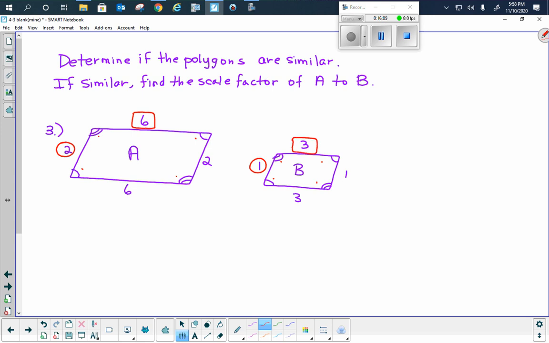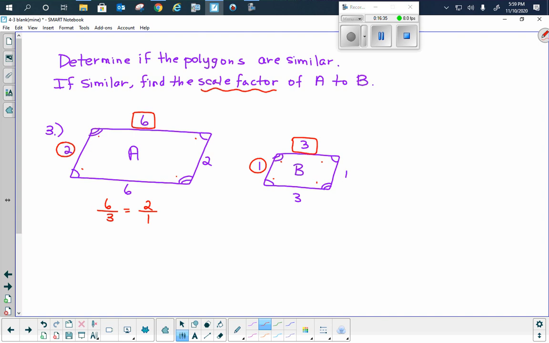And now I'm going to do the same thing that I did last time. I'm going to say smallest over smallest equals biggest over biggest. Now, when I know I'm doing a scale factor, this is just me, I start with the biggest first, okay? Because this is going to be something that's new to you. So if I do biggest of 6 over 3 equals the smallest of 2 over the smallest of 1, well, is that true?